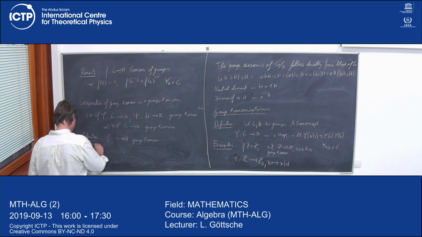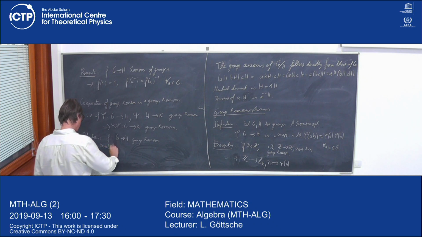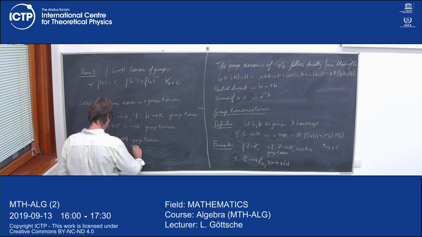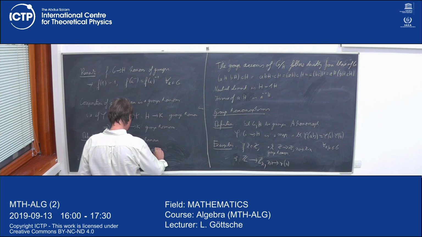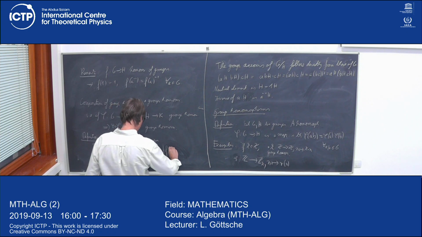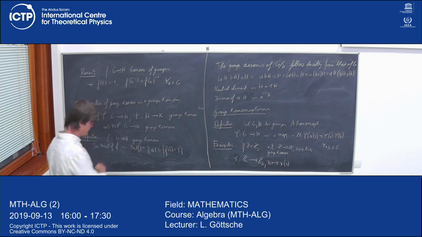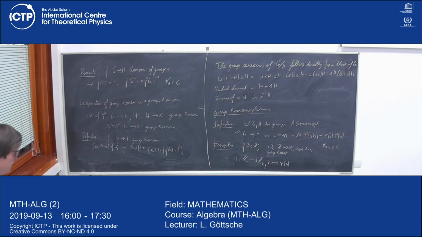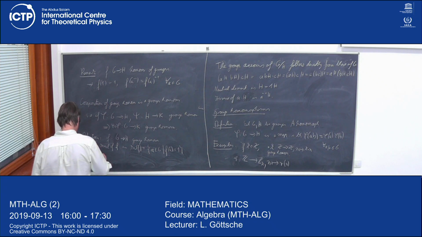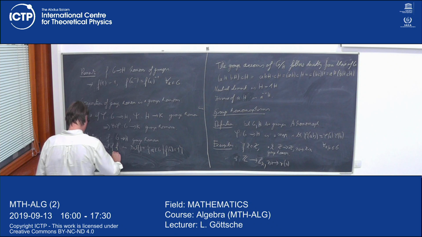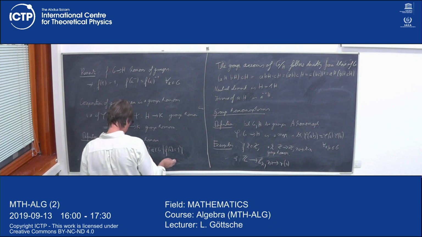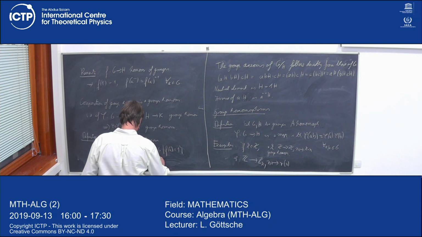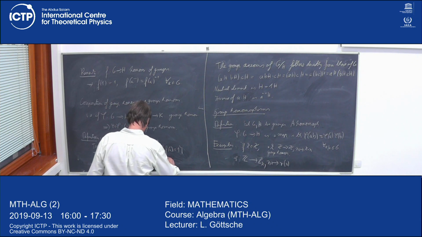The kernel of f is the set of all a in G with f of a equal to 1, where 1 is obviously the identity in H, and the image of f is just the set of all image points, the set of all f of a where a is in G.